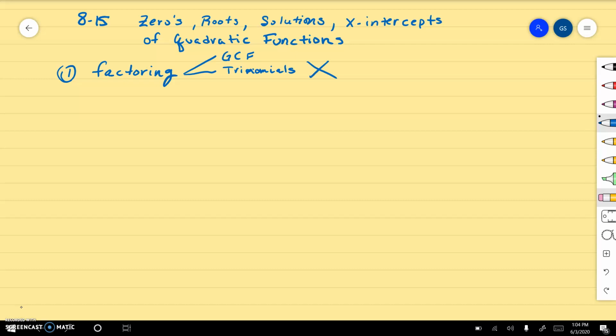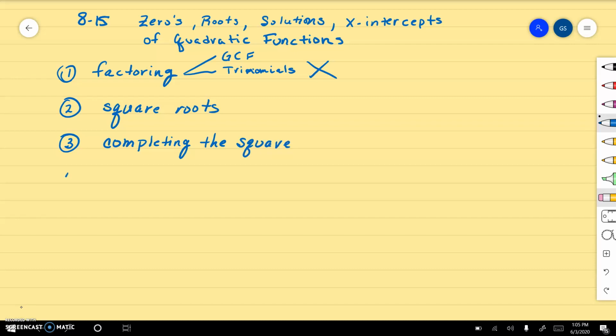Next, we learned how to do it by taking square roots. Number 3, we learned completing the square. And number 4, we did the quadratic formula. Okay, so write these down.